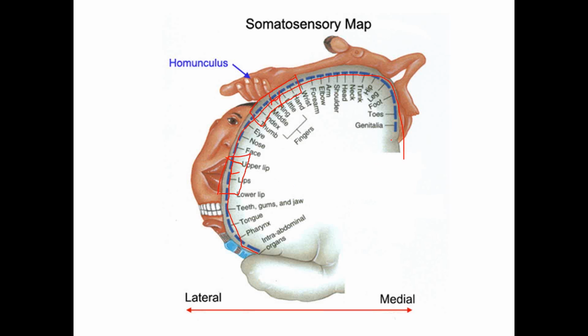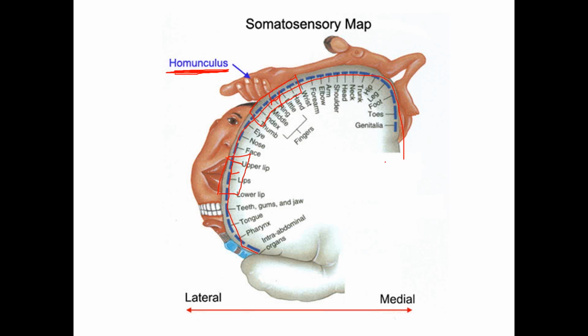So we end up drawing this homunculus. We can map the different parts of the brain responsible for sensation, and it really tells us where the areas of major sensation are in the hands and in the face, in the lips, tongue, etc.